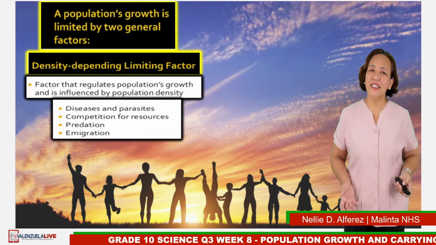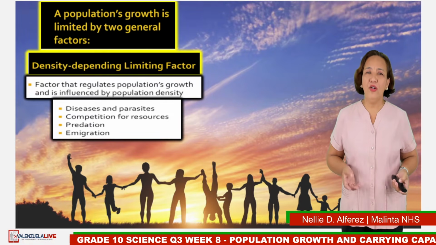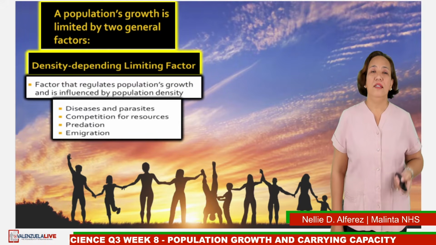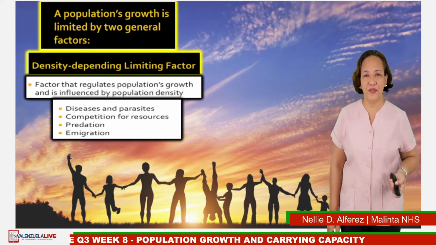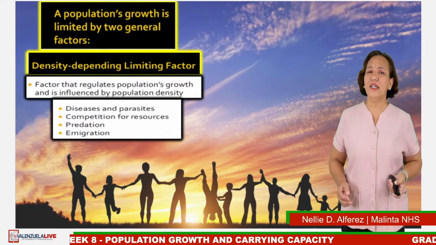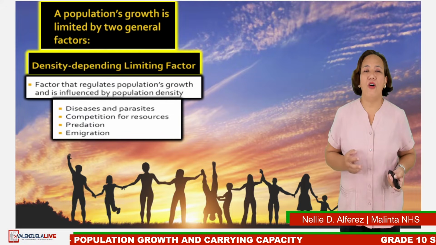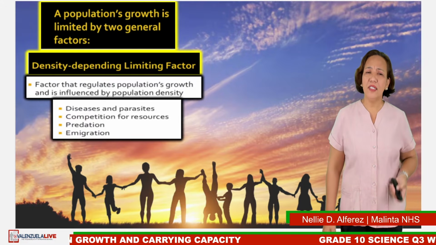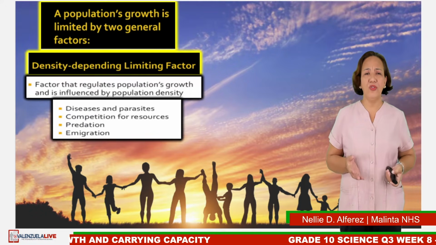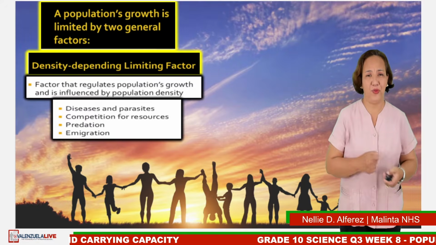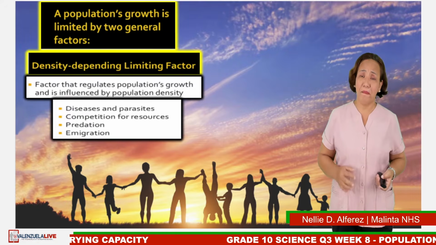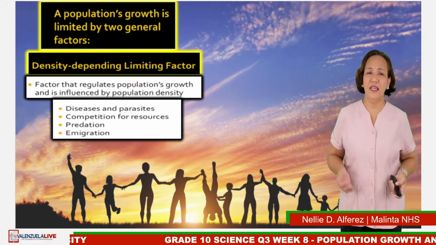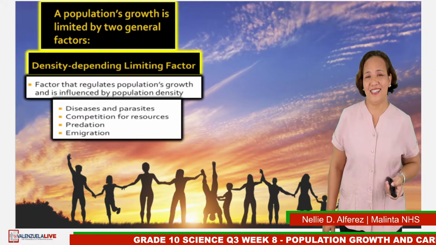An increase in population density could lead to a deficiency in resources like food, shelter, and of course water, which could lead to increased competition that can often cause harm to individuals. An increase in population density could also increase the amount of waste produced by the members of the population, which can lead to unhealthy living space that results in disease.